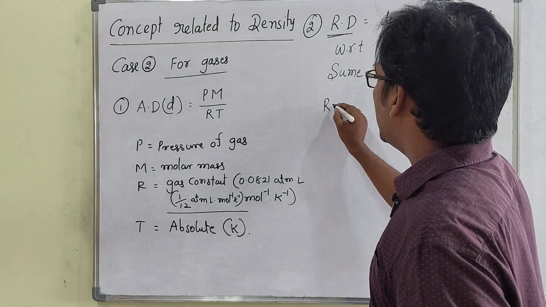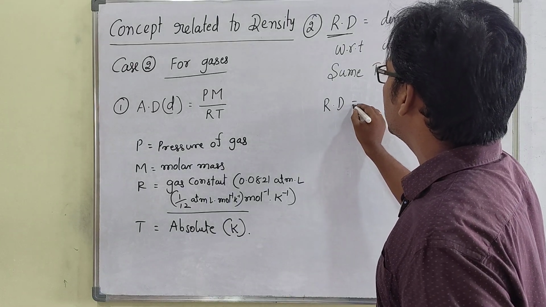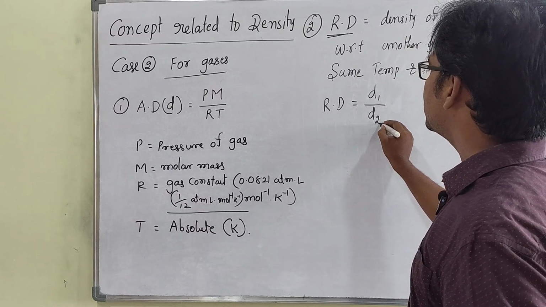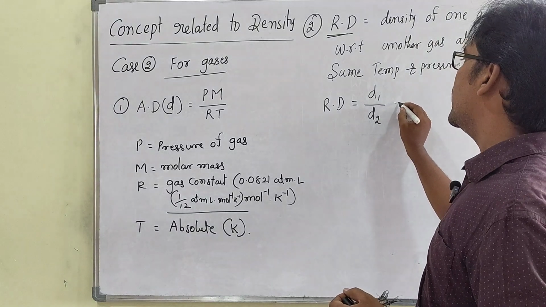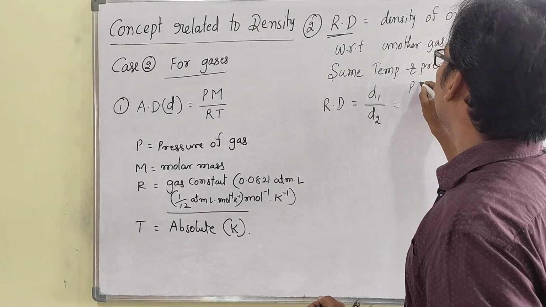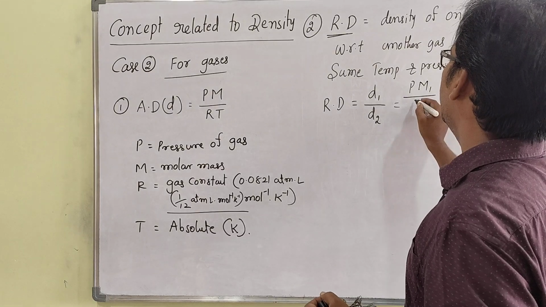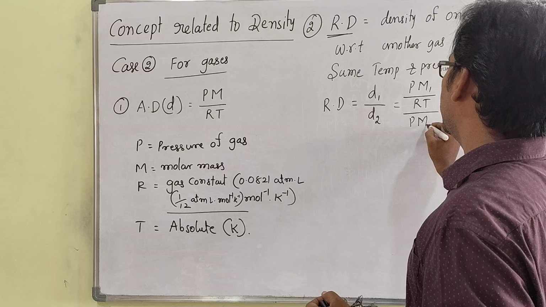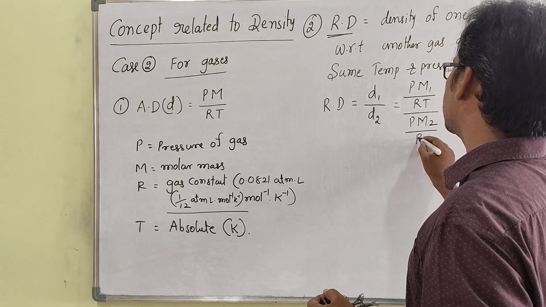RD, relative density, is equal to the density of one gas divided by the density of the second gas we are taking. We can take density as PM divided by RT, so PM1 divided by RT, then divided by PM2 divided by RT.